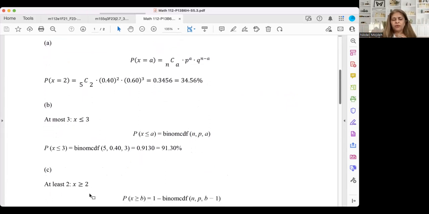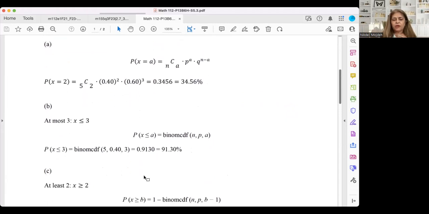So we are finding the probability of X greater than or equal to 2. Every time you are using at least or at most, you have to use binomial CDF. PDF is exactly, CDF is for at most and at least.